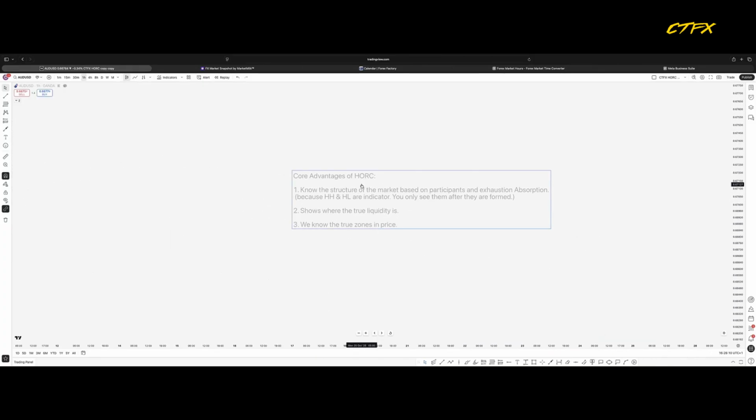So the core advantages of HRC. Number one is to know the structure of the market based on participant and exhaustion assertion. I found out, and in fact you might already know, that the major reason why people fail when it comes to technical analysis is because people don't know how to determine the bias of the market.